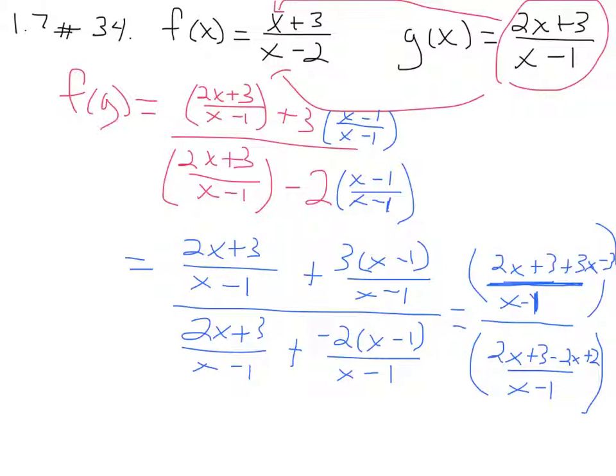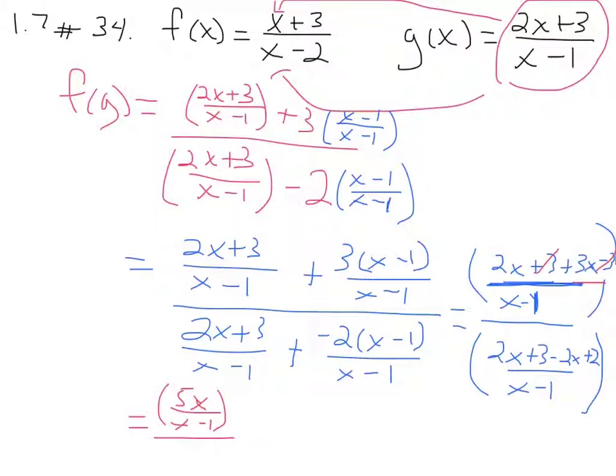Now, can we simplify these? Can we cross out any common terms? We're going to have a plus 3 and a minus 3 on the top. The plus and the minus are going to cancel out nicely. We're going to get a 2x and a 3x, which is a 5x on the top, and that's still over our x minus 1.